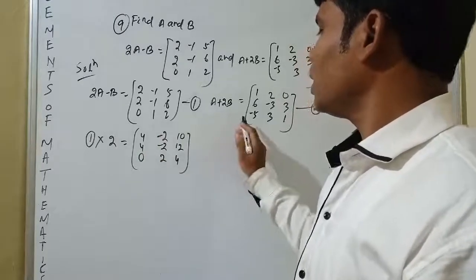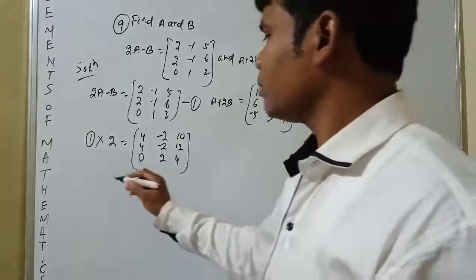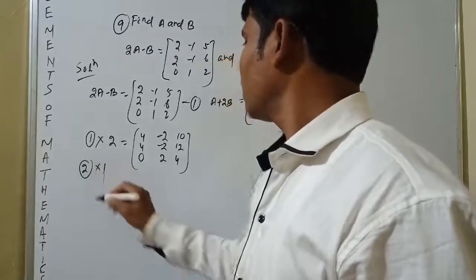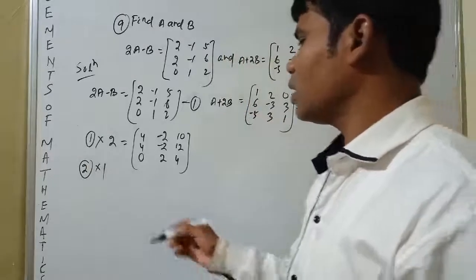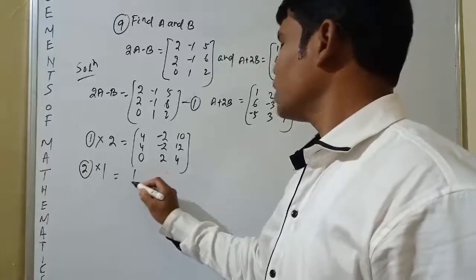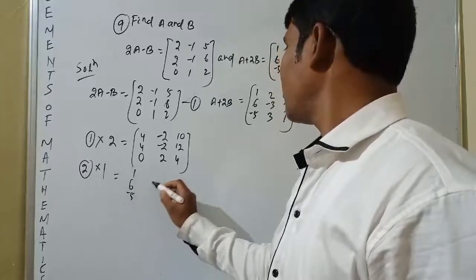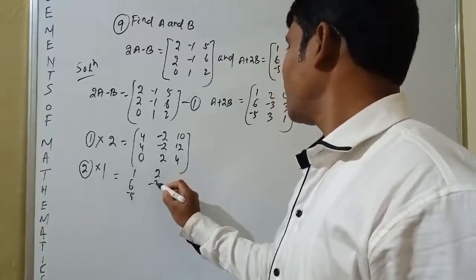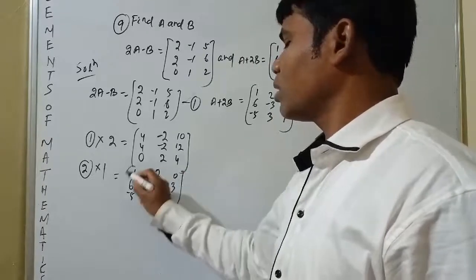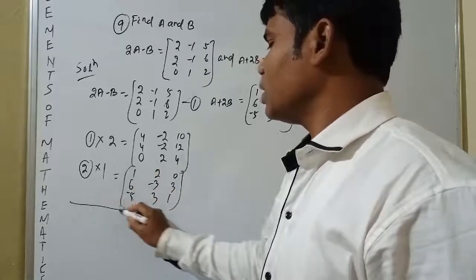Then equation 2 we multiply with just one only, nothing more. It is equal to [1 6 -5; 2 -3 3; 0 3 1]. Now add these two.